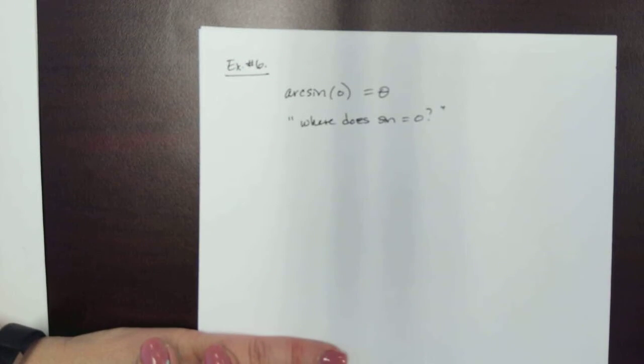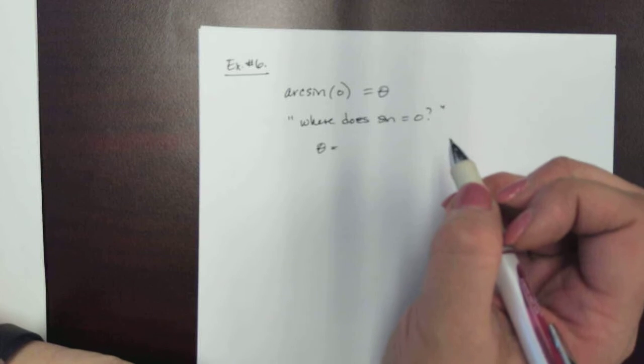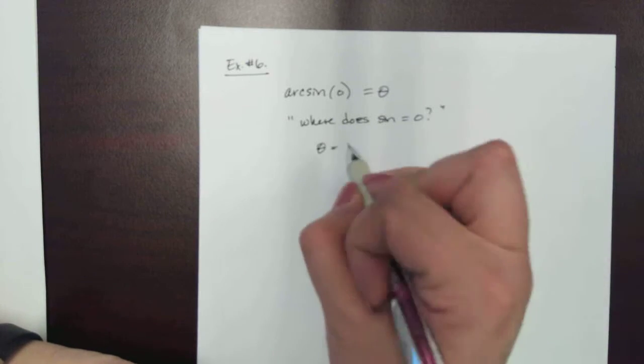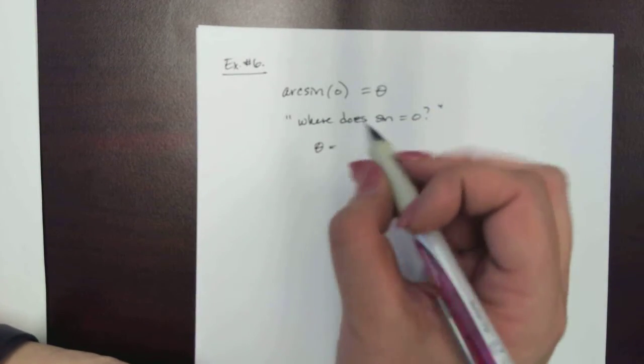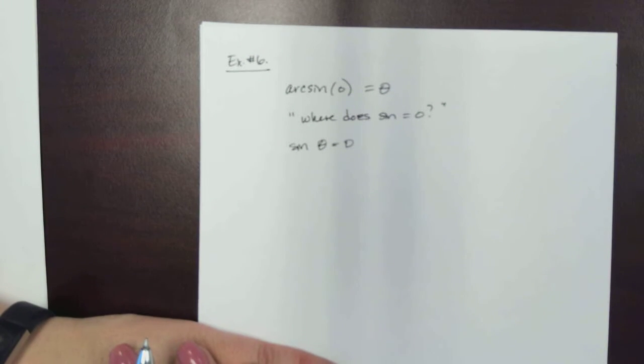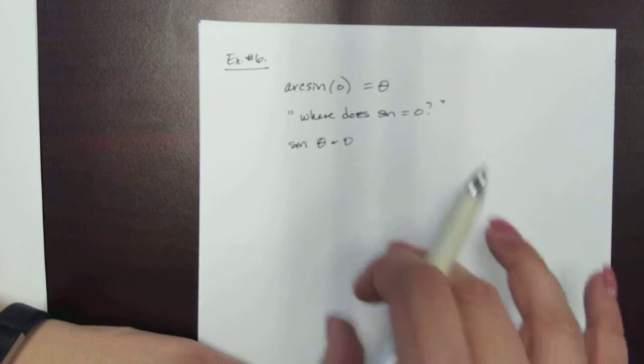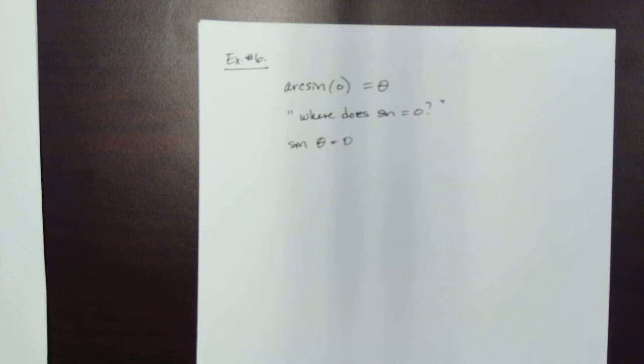Theta equals inverse sine of 0, or sine theta equals 0. I can think of it that way. But there's two places on the unit circle that sine equals 0, and only one of them is valid because of the restriction on the range of inverse sine.